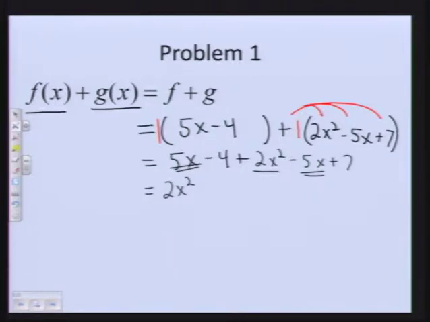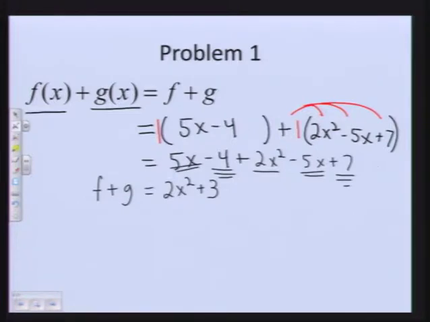Now we could write 0x, but normally in books when you write final answers, you don't write 0x as the answer. So we're just going to write that term. And then we have minus 4 plus 7. So we get 2x squared plus 3. And that is our new function, f plus g. Notice, we don't get a numeric answer, we get a new function.